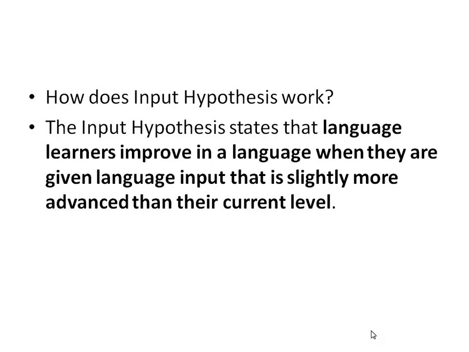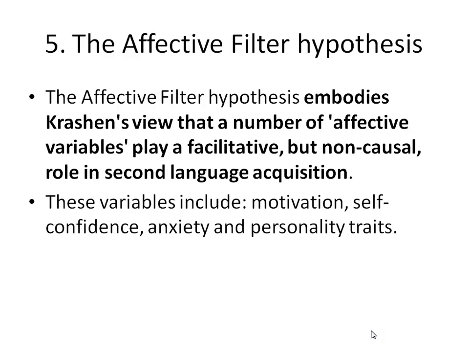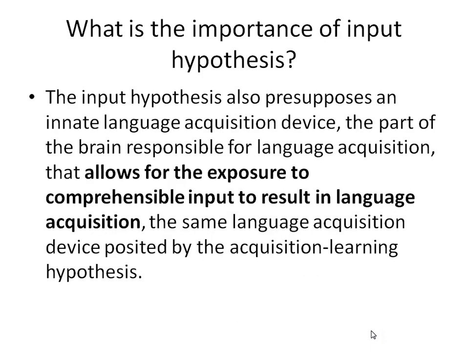That is slightly more than their current level. যে লেভেলে তারা আছেন তার থেকে একটু বেশি ইনপুট দিতে হবে, মানে একটু বেশি পড়াতে হবে। Okay. So allows the exposure to comprehensible input to result in language acquisition. So as much as comprehensible input will be there, your language learning will be effective. According to Stephen D. Krashen, not by Mr.